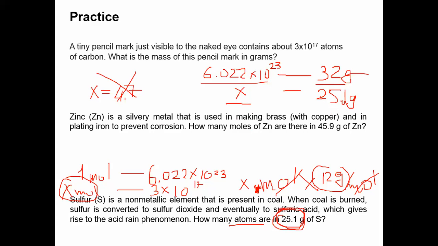Let's just see. Basically, X is going to be 25 divided by 32. Say it again, doctor. Divide 25 by 32. 25.1 by 32.